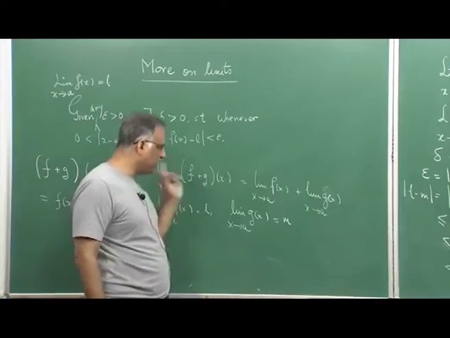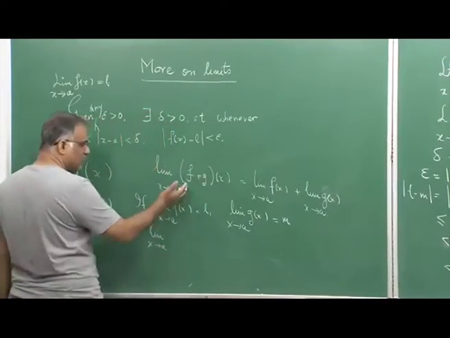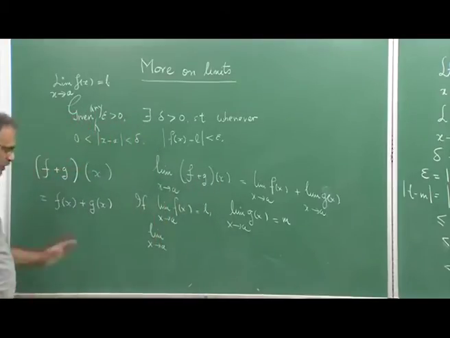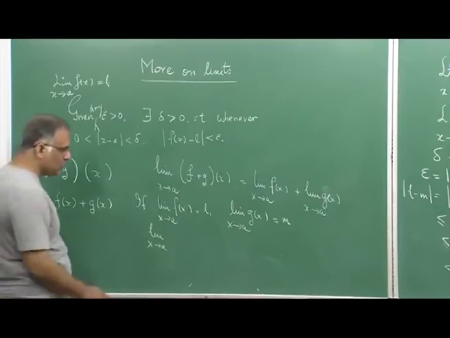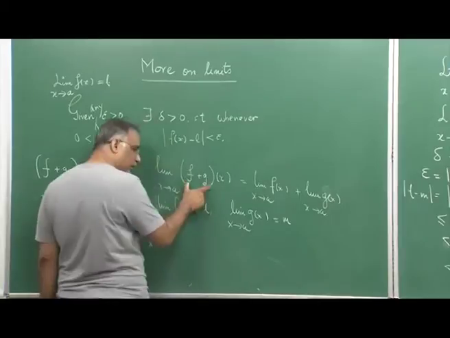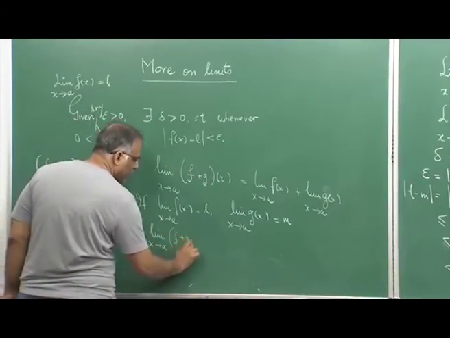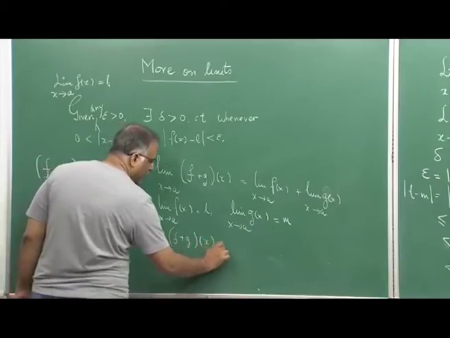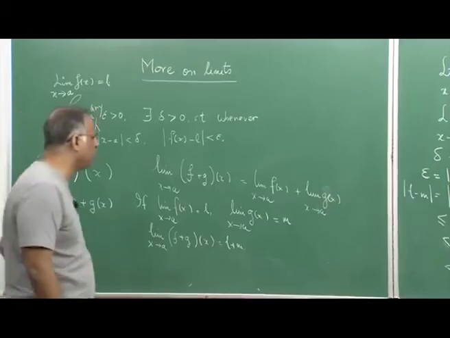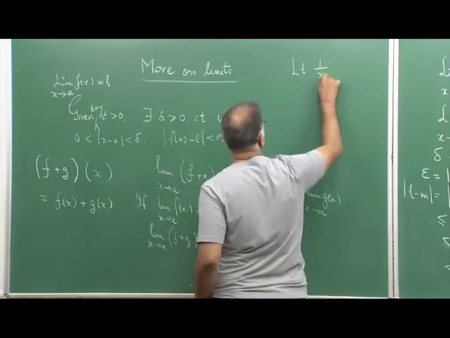See here the interesting factor is that we are not sure whether the limit would exist or not, because the right limit, left limit issue is there. In this case, if you just know that the limit of these two exists separately, then the limit of this exists and it is L plus M. Now, the limit might not always exist. For example, I have quite often seen in standard local calculus books they write a statement like this.